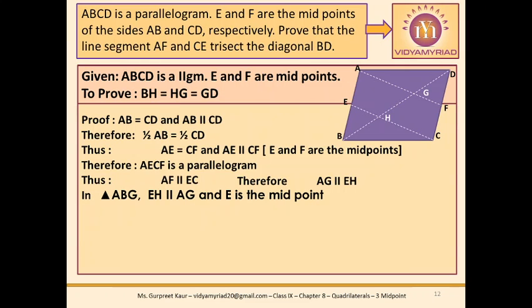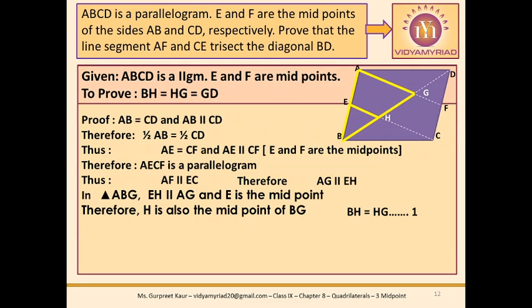Now, if you see triangle ABG, E is already the midpoint. So when it is the midpoint, I can say that H is also the midpoint because the lines are parallel. So BH will be equal to HG as per equation number 1.